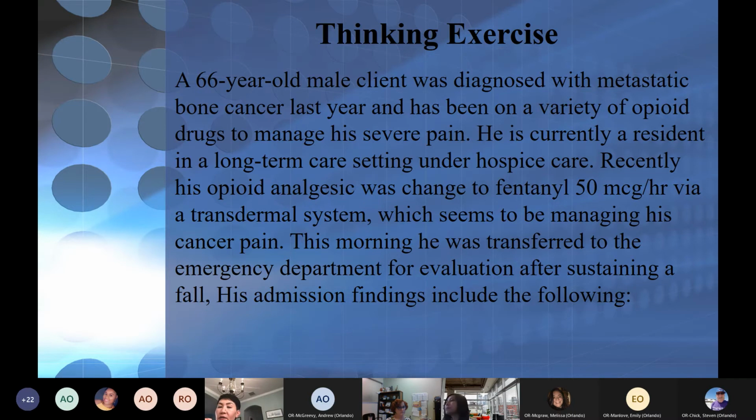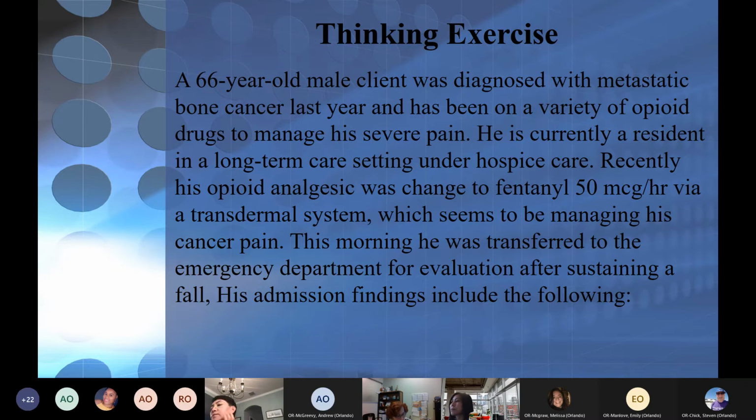He is currently a resident in a long-term care setting under hospice care. Recently, his opioid analgesic was changed to fentanyl 50 micrograms per hour via transdermal system, which seems to be managing his cancer pain. This morning, he was transferred to the emergency department for evaluation after sustaining a fall. His admission findings include the following.